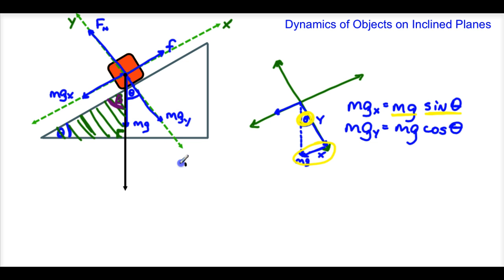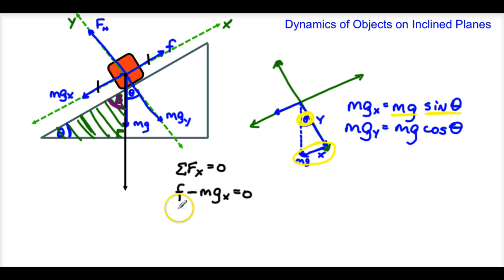So if the object were on an inclined plane, as I've drawn here, and it were not moving, I could say then that the sum of the forces in the x direction must be equal to 0 since it's not moving. Therefore, up the incline, which is positive, in this case would be friction, minus the parallel component of the weight vector mgx must be equal to 0, since that vector has to have the same magnitude as that vector, since the sum of the forces must be equal to 0.